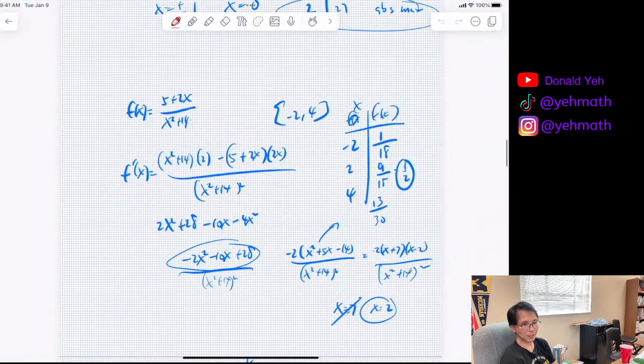Now this one's hard. I put this particular one on the BC exam. It's one of the better questions, because you actually had to do the quotient rule and find a critical number. You had to exclude 7 because 7 is not within the interval. And then you had to plug in and solve for it, and you end up getting 1/2.